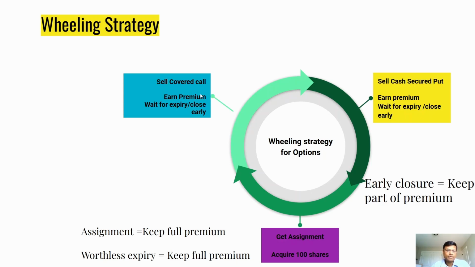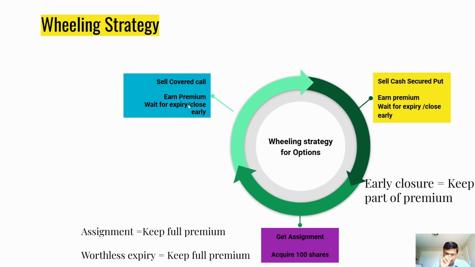And what are the possible outcomes around expiry? Again, three options are possible. Either your shares will get sold at the strike price that you entered on the contract, and then you keep the whole premium, or your contract expires worthless, and again you keep the full premium.